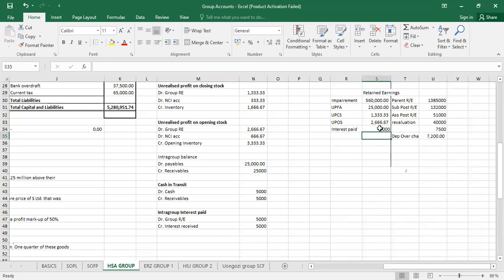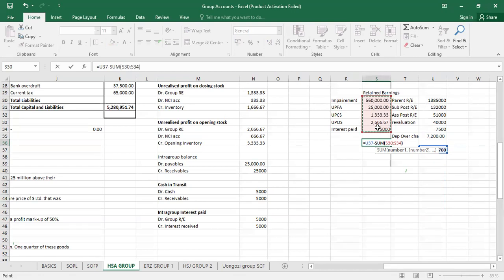And what else is remaining? I don't see anything else remaining. So we'll find the total here. Alt equals control enter, control bolt, isn't it? Then I find the difference here equals this one here minus the sum rest tab of these ones here, isn't it?